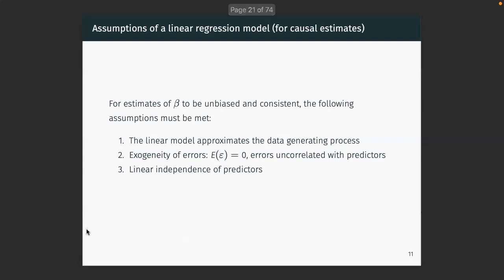Okay, we have to have linear independence of predictors. That is, we cannot have predictors that are functions of each other. And this is actually really tricky to do in practice outside of an experimental setting, where we know that assignment to treatment is randomly assigned.